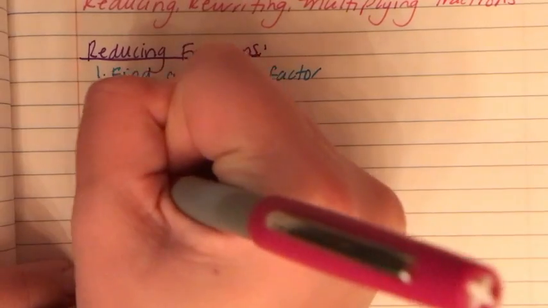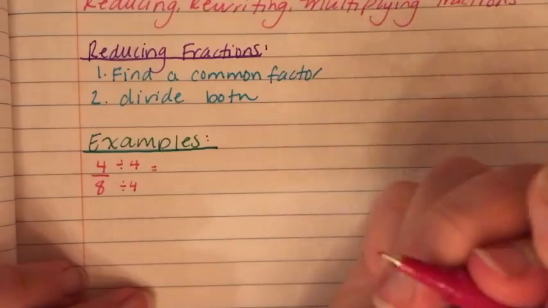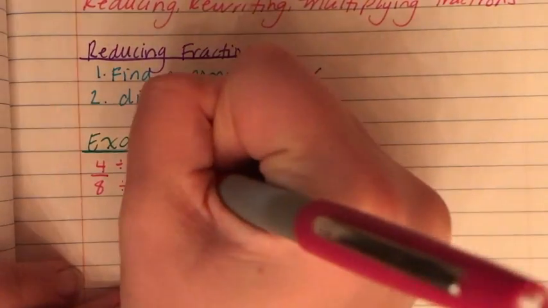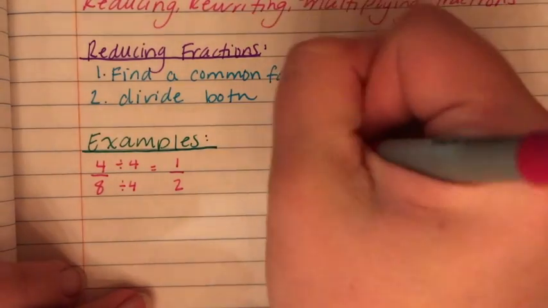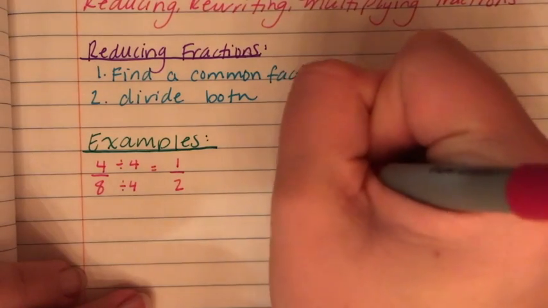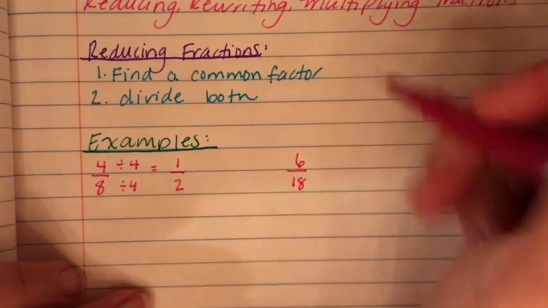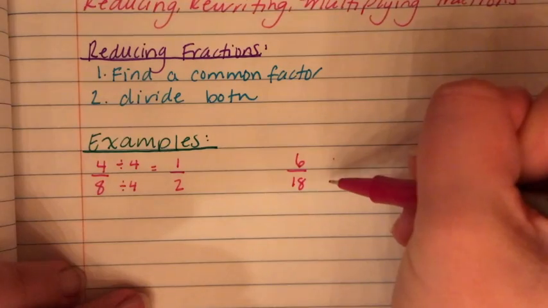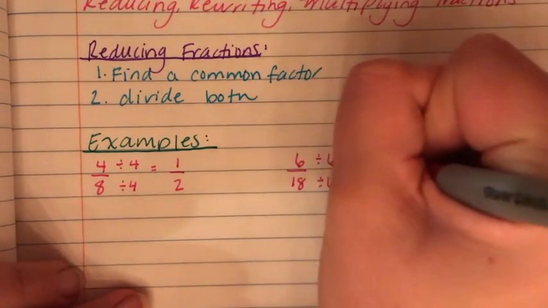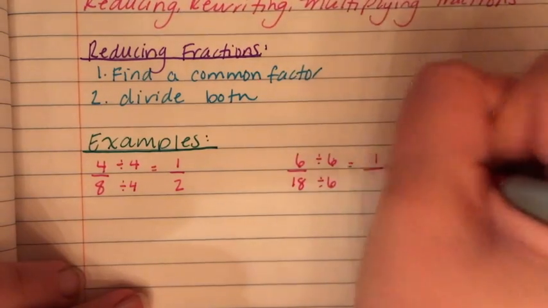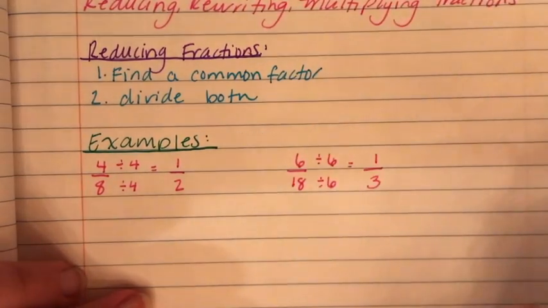So I'm going to divide both my numerator and my denominator by 4, and I get 1/2. Okay, let's do another one. Say it's 6/18. I see that 6 goes into both 6 and 18. So that becomes 1, and that becomes 3.